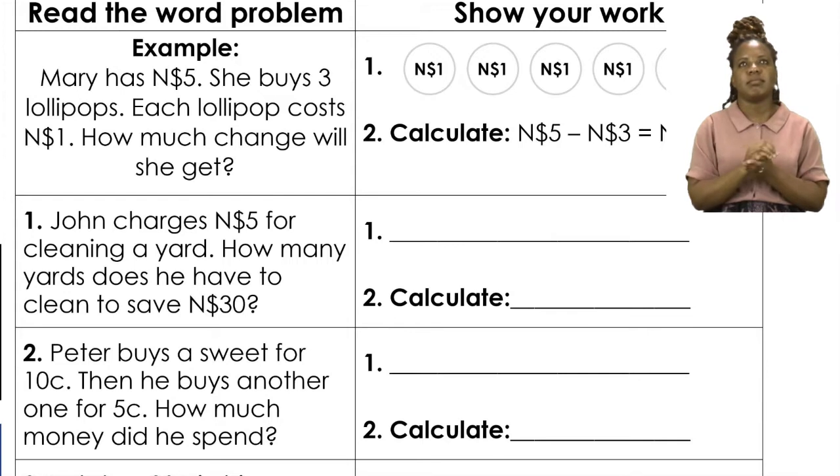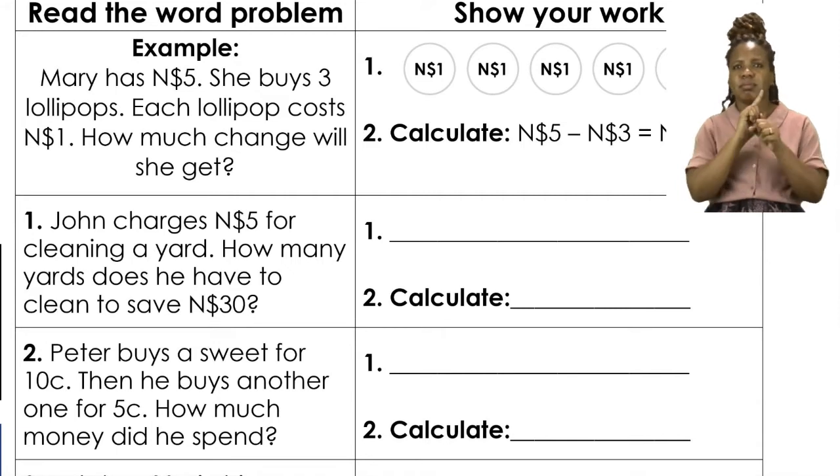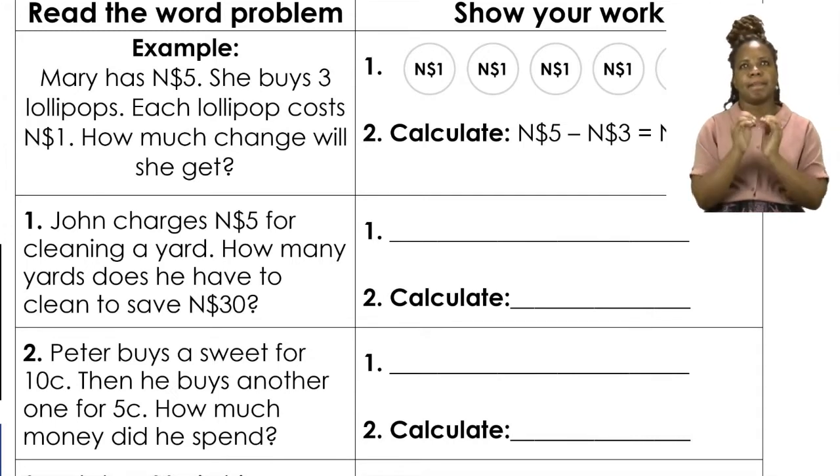Now on the other side, they show how they got the answer. The first thing that they did was to draw 5 Namibian dollars of $1 each. 1, 2, 3, 4, 5 coins. Now the sum they came up with was 5 Namibian dollars minus 3 Namibian dollars.